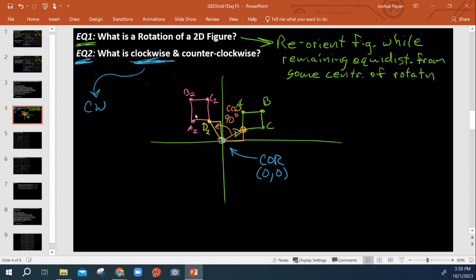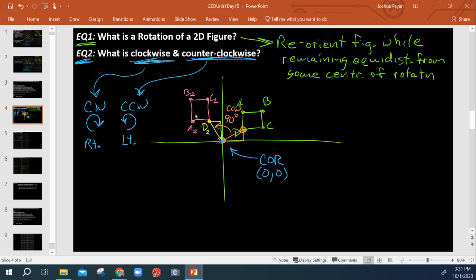Clockwise would be like turning a steering wheel to the right. Okay, when you turn a steering wheel to the right, you're turning the vehicle to the right. Okay, counterclockwise, on the other hand, I'll abbreviate CCW, would be us turning the steering wheel to the left or turning the vehicle itself to the left.